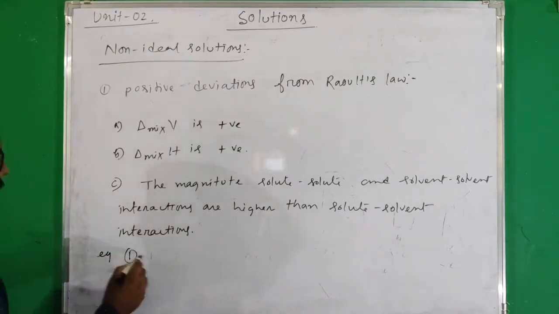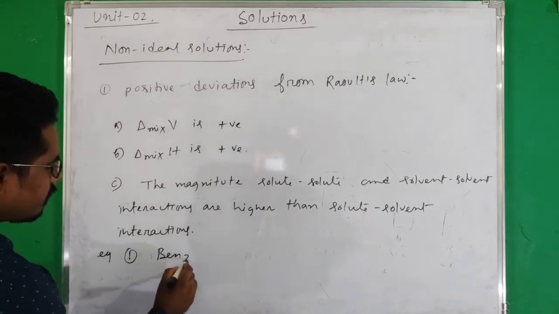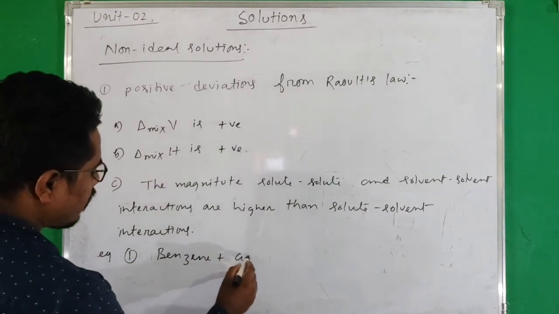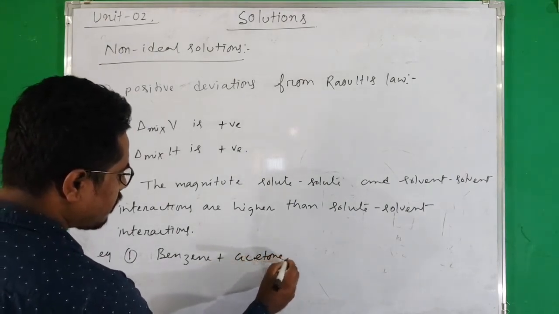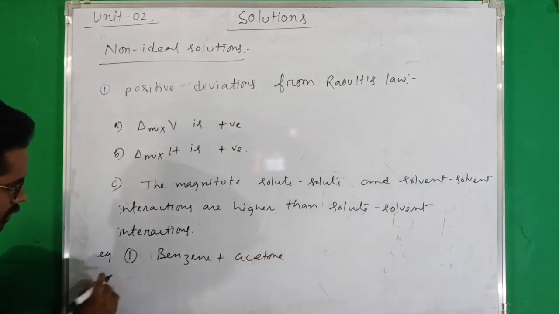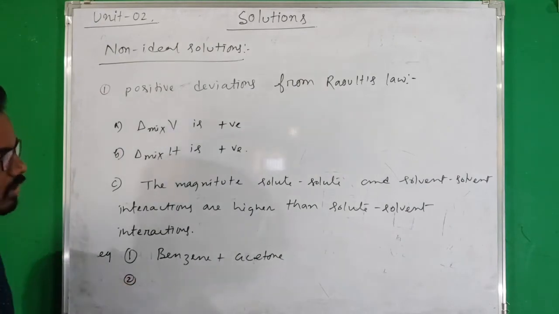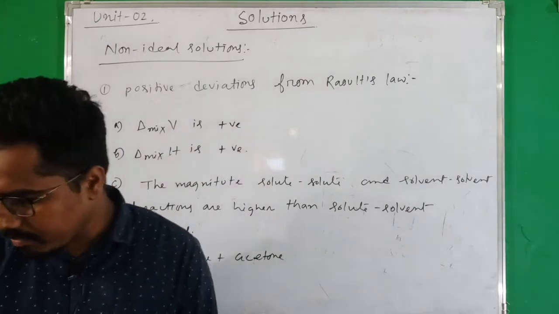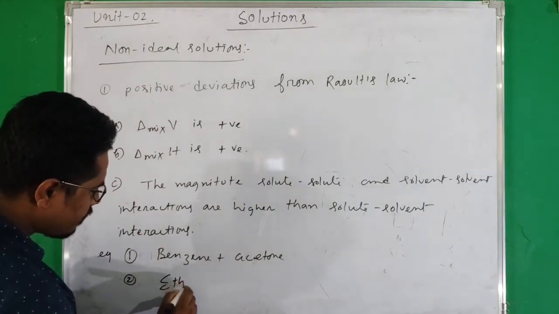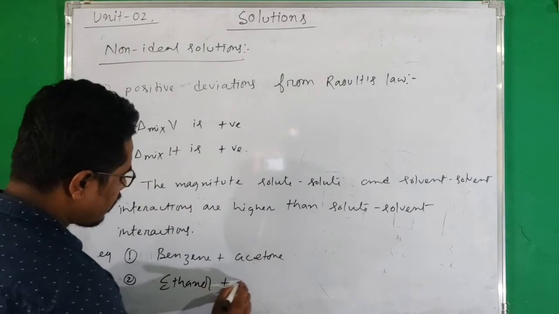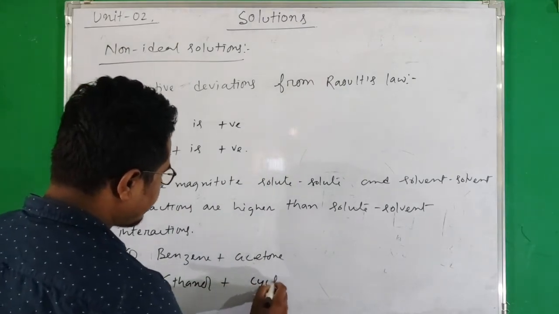Number 1, benzene and acetone. A solution having benzene and acetone as its components shows positive deviations from Raoult's law. Another example is ethanol and cyclohexane.